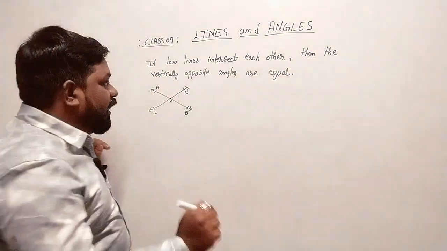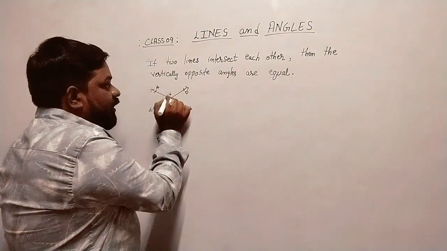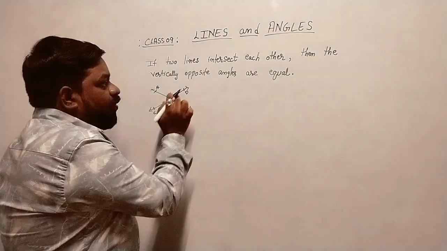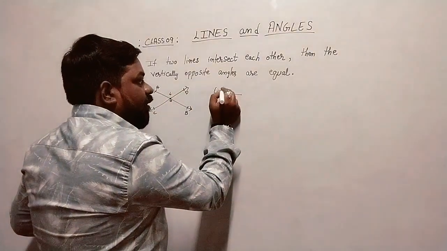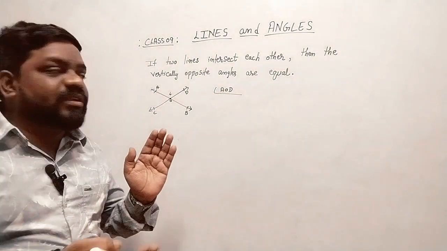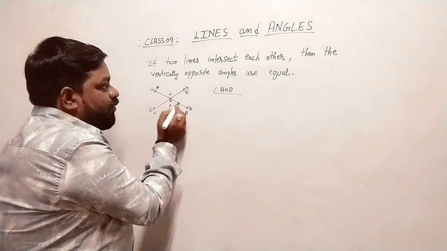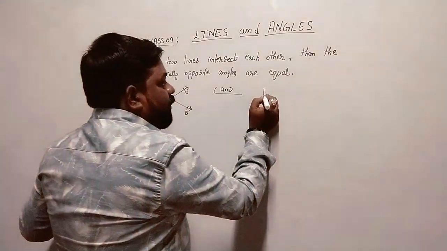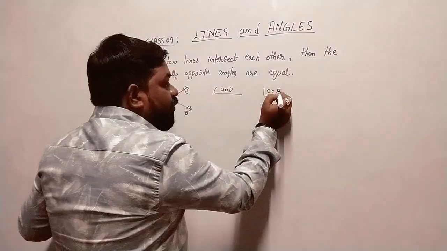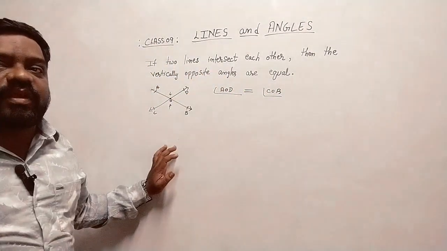If two lines intersect, the vertically opposite angles are equal. What do you mean by vertically opposite angle? Consider this angle. Name of this angle is AOD. Vertically opposite, opposite to this, the angle we have is COB. We have to prove that these two angles are equal.